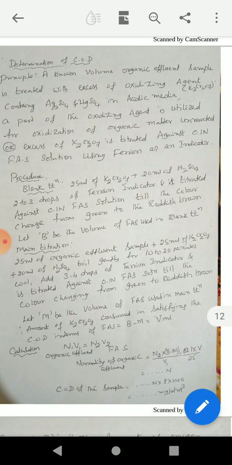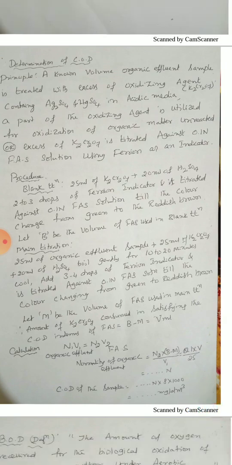A part of the oxidizing agent is utilized for oxidizing the organic matters, whereas the excess unreacted potassium dichromate is titrated against 0.1 N FAS solution using ferroin as an indicator.